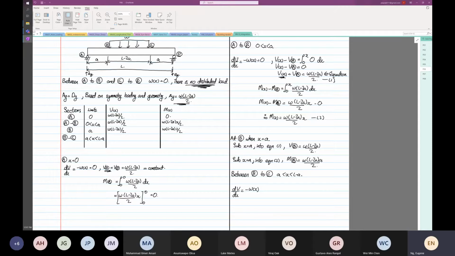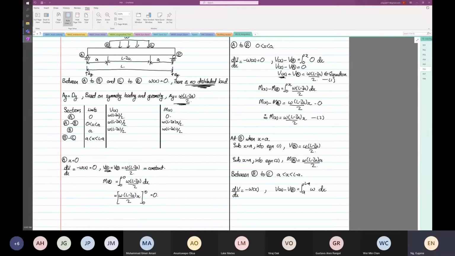So it's not equal to 0 now. So V at point X minus V_B at point B is equal to the integral between the limits A to L minus A of omega dx.